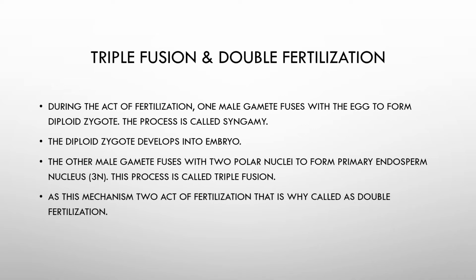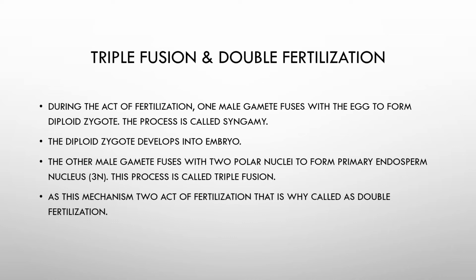Ploidy means the set of chromosomes. So N is there in the male gamete, and N chromosomes are present in the egg. So N plus N becomes 2N. The zygote is a diploid structure.